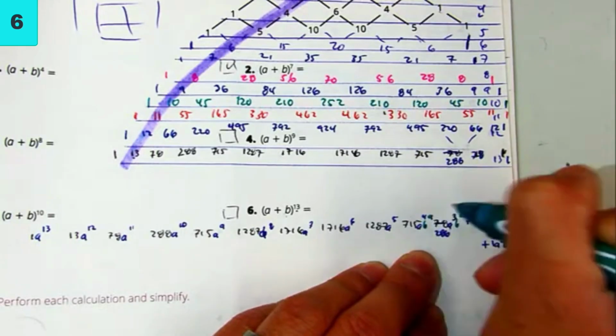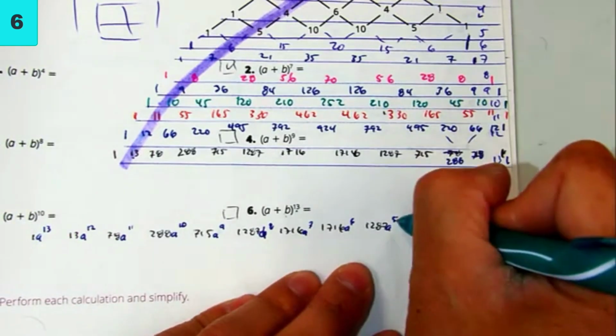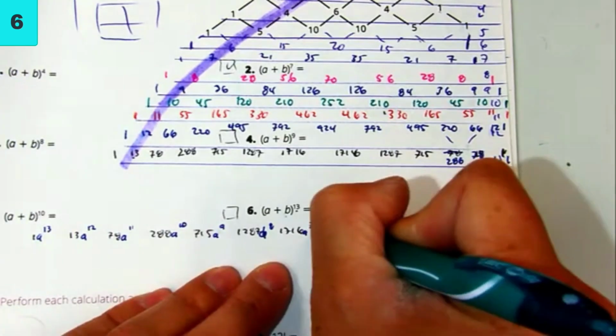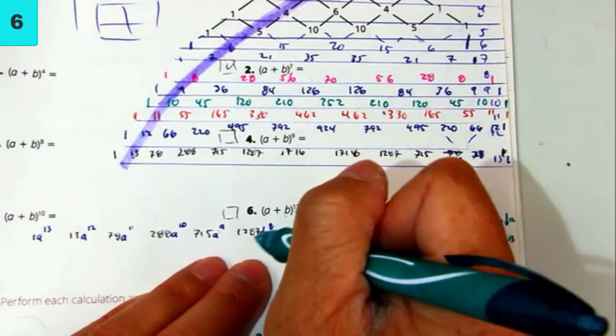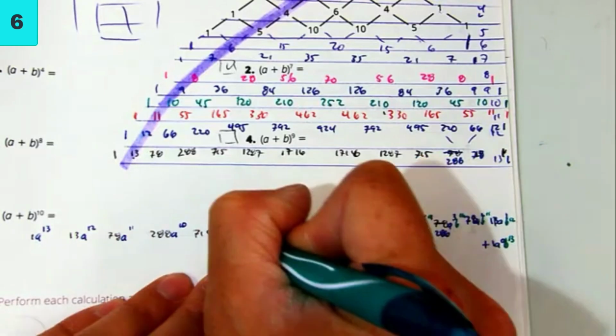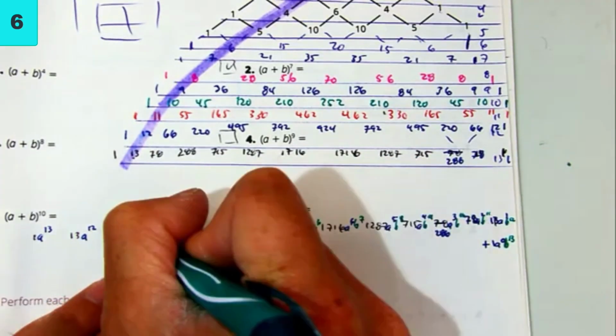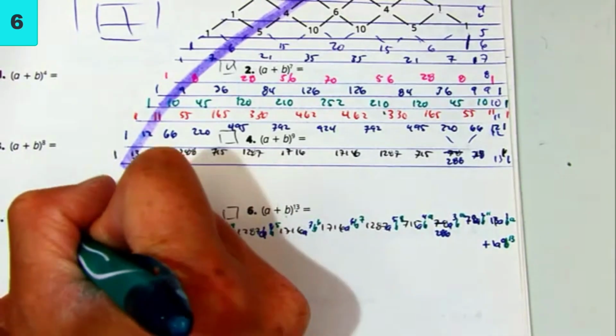I can't zoom in anymore, guys. B to the 8, B to the 7, B to the 6, B to the 5, B to the 4, B to the 3, B to the 2nd, B to the 1st, and then B to the 0 power.